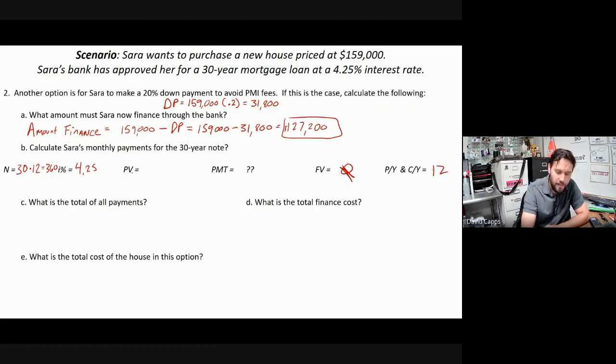Now her present value will be $127,200, the amount she's financing, instead of the $159,000. So what will her payments do? They should be lower. They ought to be lower. So let's figure that out.